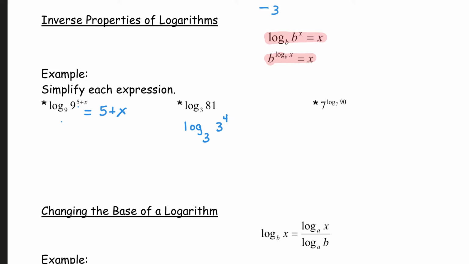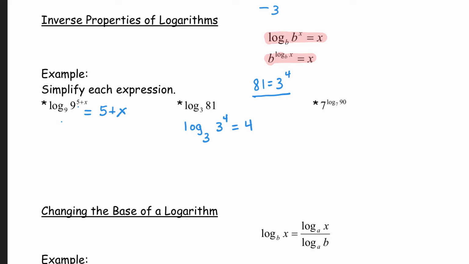So you see you have a base of 3, you have a base of 3, and I did change it. 81 is equal to 3 to the power 4. So this expression will equal 4 because of the inverse property. And I gave you the reason what I did to 81. I converted it to 3 to the power 4.